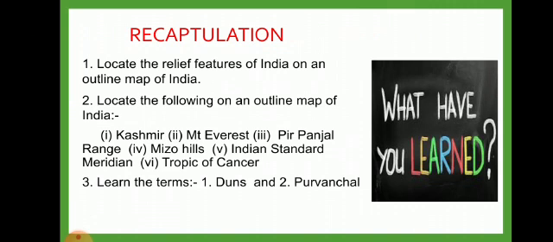Recapitulation. Let us see what you have learnt. So therefore, you have to do this homework. First, locate the relief features of India on an outline map of India. Second, locate the following on an outline map of India: 1.